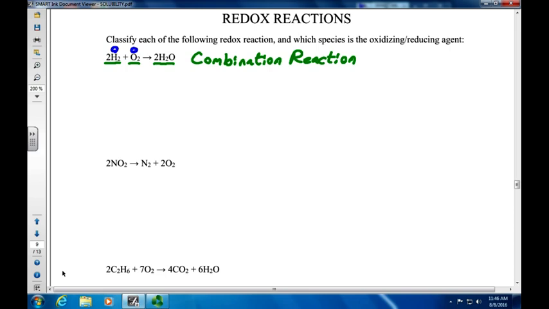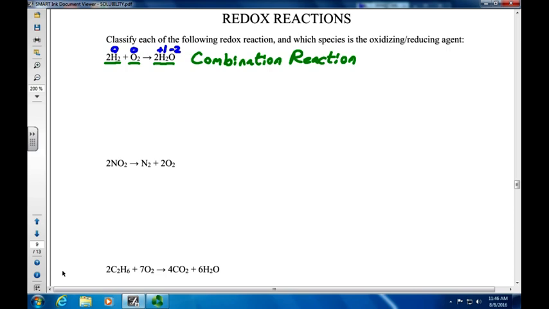So this is +1 and that's -2. It makes sense because there are two hydrogens, so that would make it a +2 overall oxidation state, and one oxygen, which is a -2. The +2 and -2 cancel each other out. And because there's no charge on water, it makes sense that those would be the oxidation states.